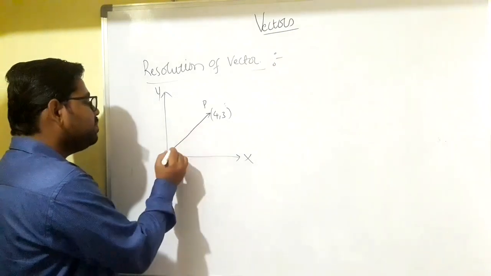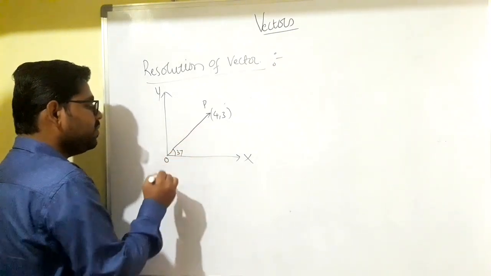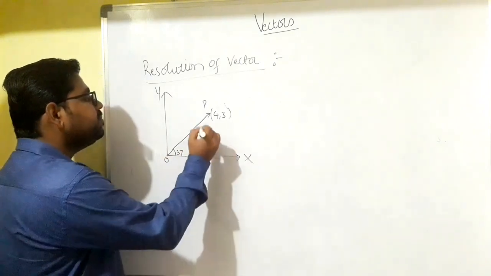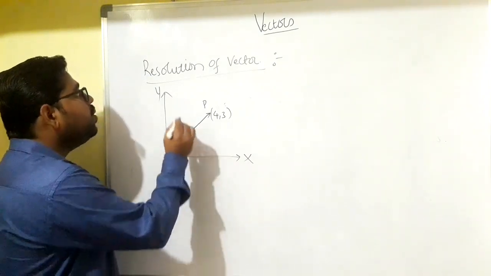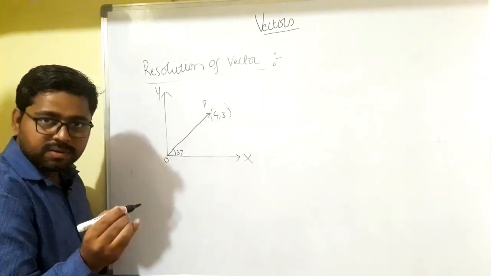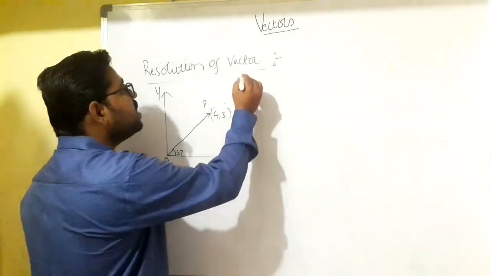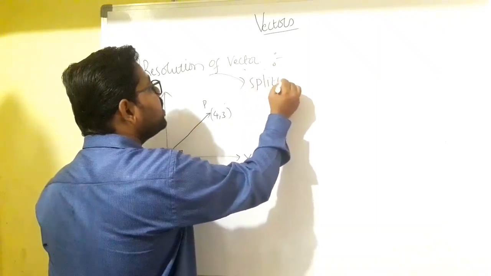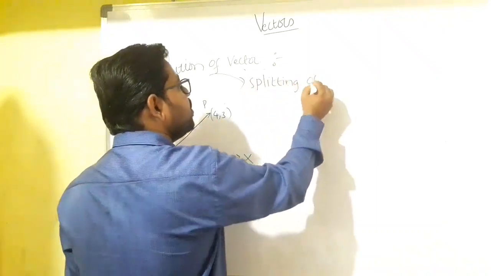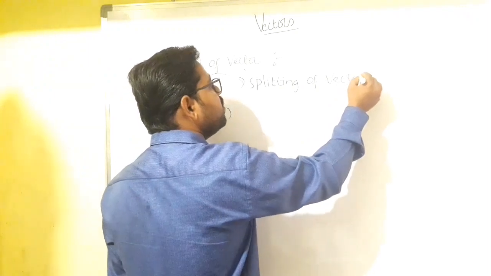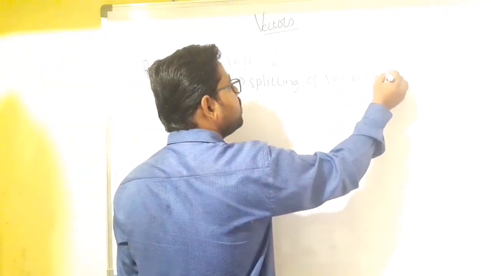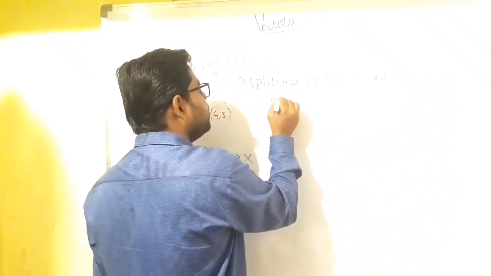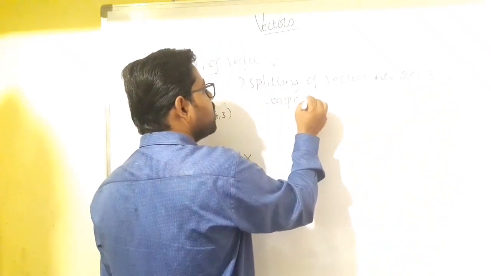Now OP is making an angle, let's say it is 37 degrees. Now, resolution of a vector means what? Resolution of a vector is nothing but splitting of a vector into 2 or 3 components.